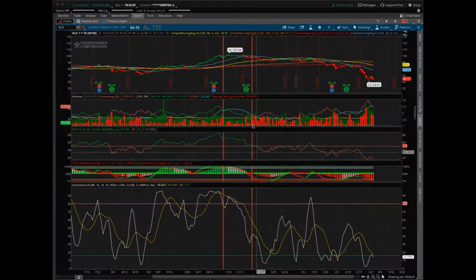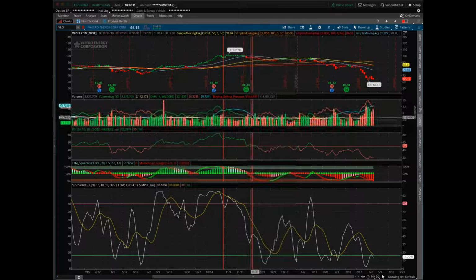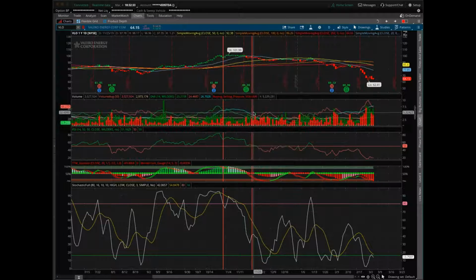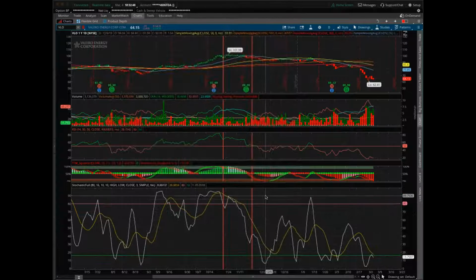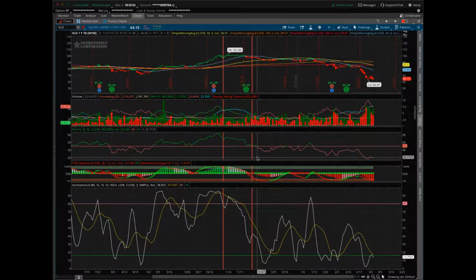So whenever we have these crosses over, when we have the green crossing the red or the red crossing the green, when we have the RSI crossing the 50, when we have momentum crossing either the up or the bottom with the squeeze, and then we have the stochastics heading over to our oversold or to our overbought positions, those are considered a crossover.